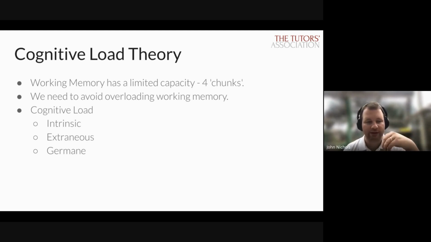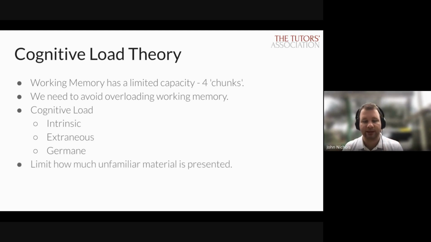So a quick recap. Cognitive load has three main components. One is the intrinsic load, principally determined by the complexity of the new information we're adding in. Two is the extraneous load, which is the cognitive load associated with the way in which we present the information. And three, the germane cognitive load is the cognitive load associated with creating links between different pieces of information, different schemata, or different chunks.